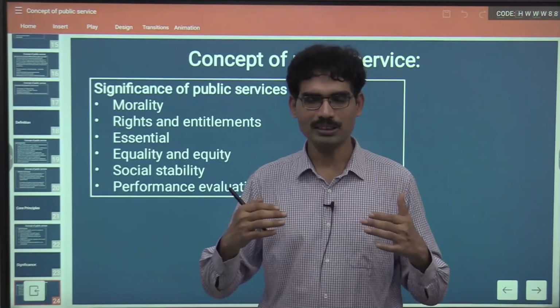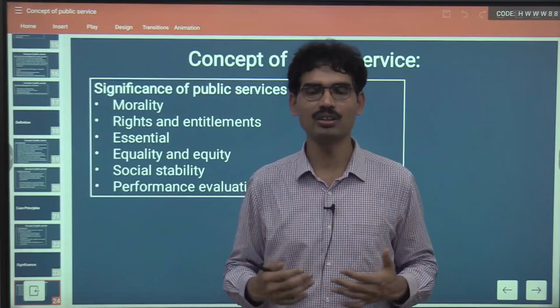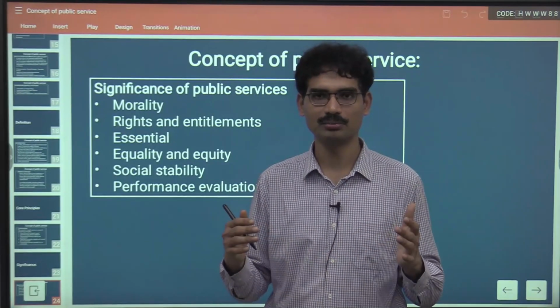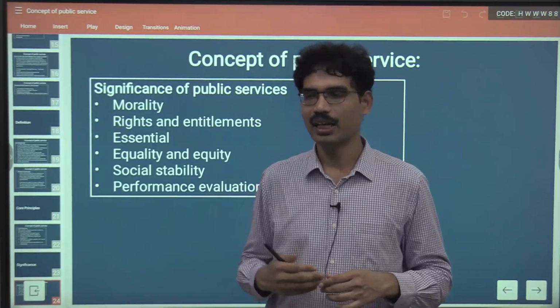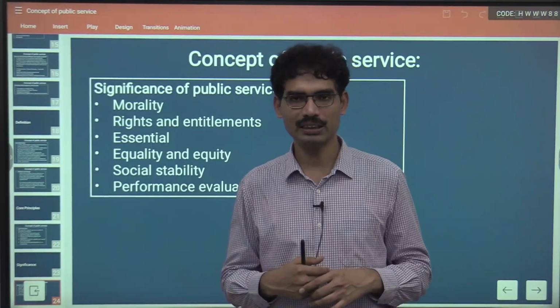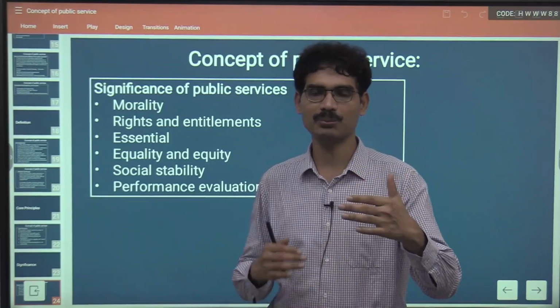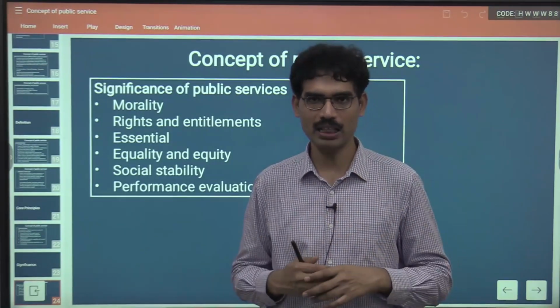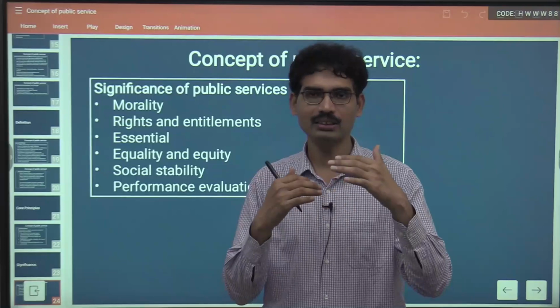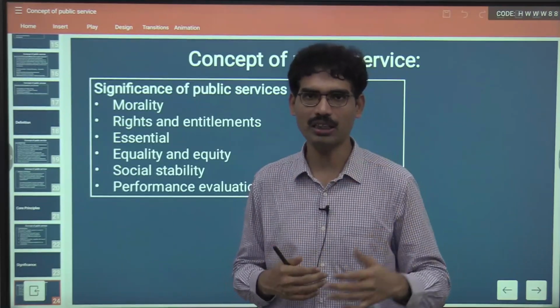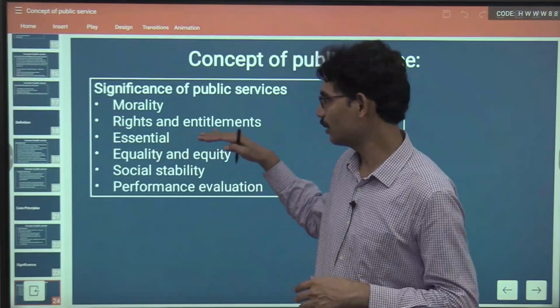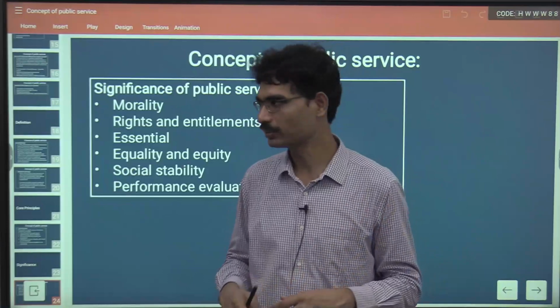If they want to protest against injustice, they must be allowed if they do not disturb law and order. That is rights. Entitlements: if government decided to give ration, that must be given. If government decided to give scholarship, that must be given on time. So, delivery of the public service on time must be there. Entitlements to the public service must be there.